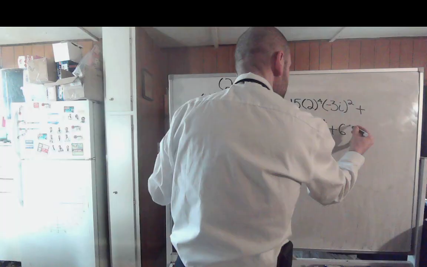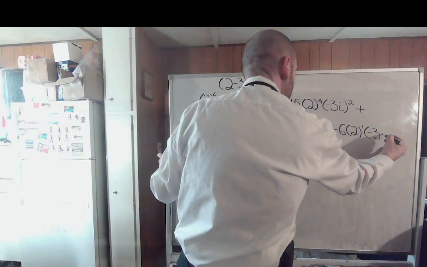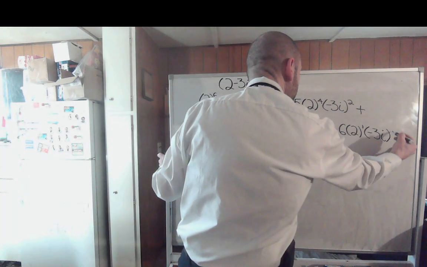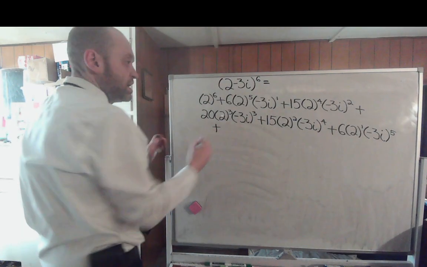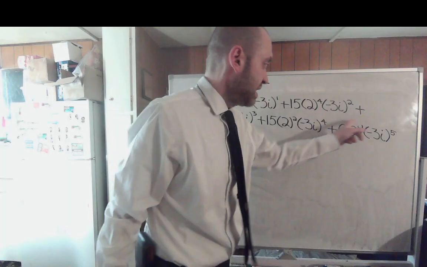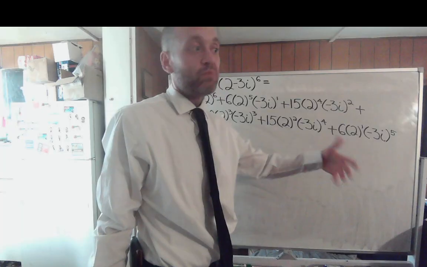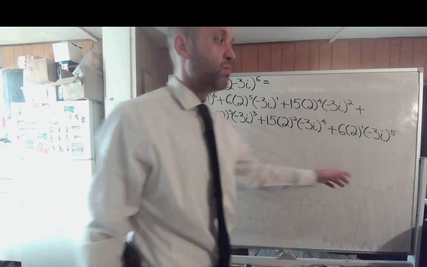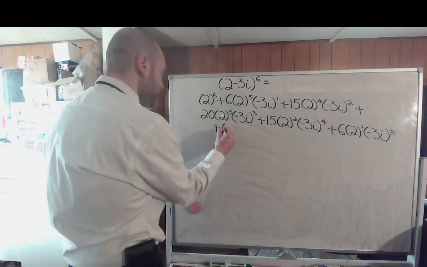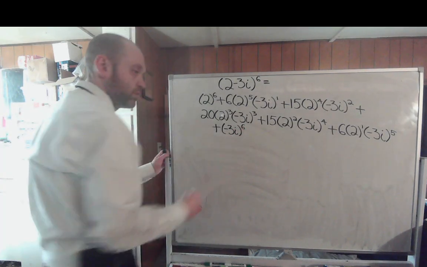So you have 6 times 2 to the first times that negative 3i to the fifth. Then we got one more term to consider. Now take that 1 times 6. Well, that's 6. Divide by the current term you're on, which is 6. Well, 6 divided by 6 is 1. Times 2 to the 0 is 1, so you'll just have plus negative 3i raised to the sixth power.